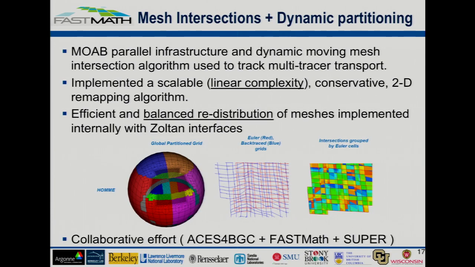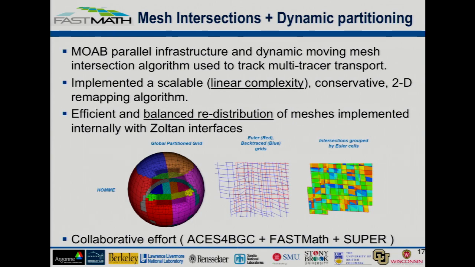So this is another application where we use the solution remapping with conservative transfer. This is a climate application. It basically solves a tracer transport problem, where the actual solution resides on an arbitrary Lagrangian Eulerian formulation, and so as the mesh moves during the time step, we actually do dynamic repartitioning to minimize the actual data transfer.